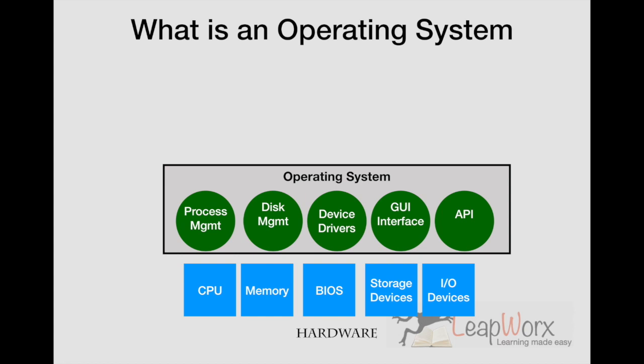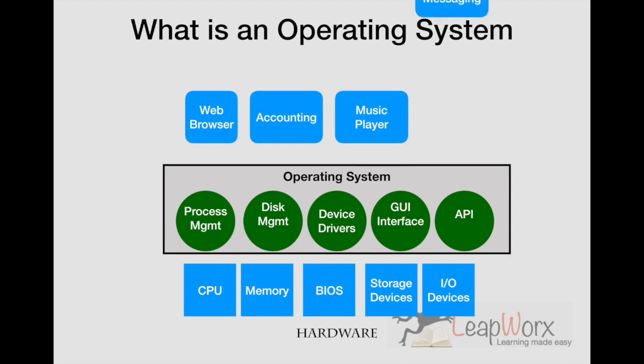Your other applications, and I put some examples here, like a music player or some accounting software or a web browser, all of those pieces of software are useful to the user, and all of that software is written on the operating system.